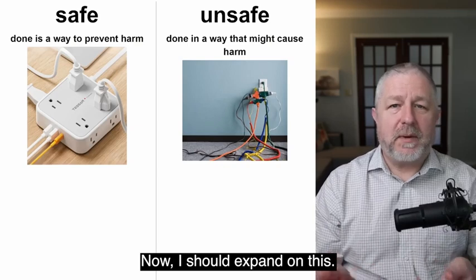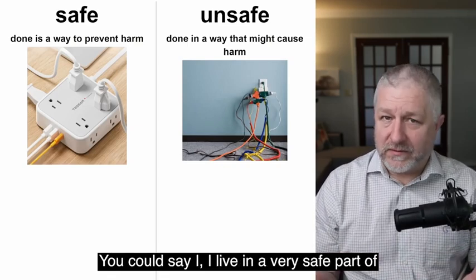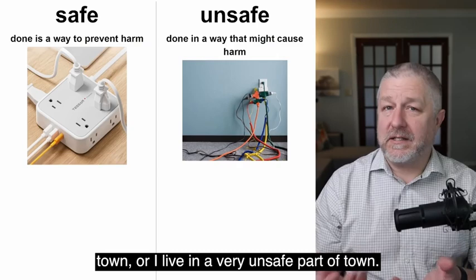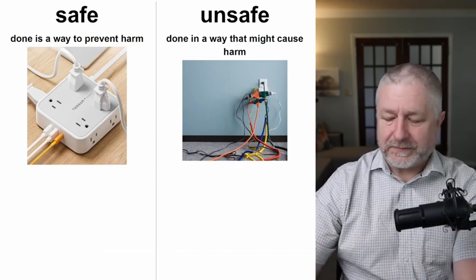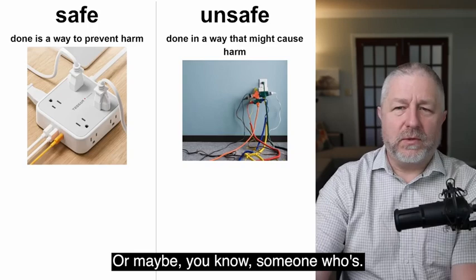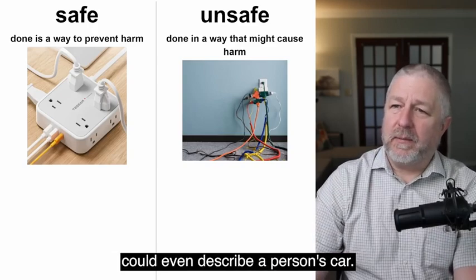Now I should expand on this. You could say, I live in a very safe part of town, or I live in a very unsafe part of town. So you can use it to describe areas as well. Or you could even describe a person's car.